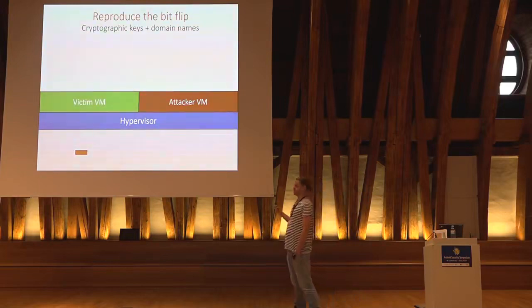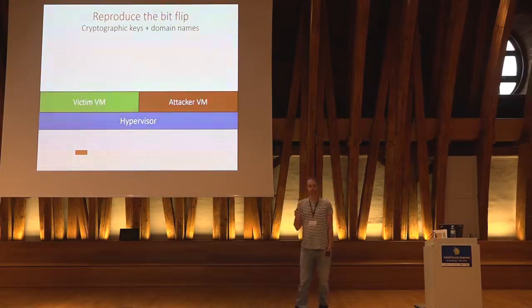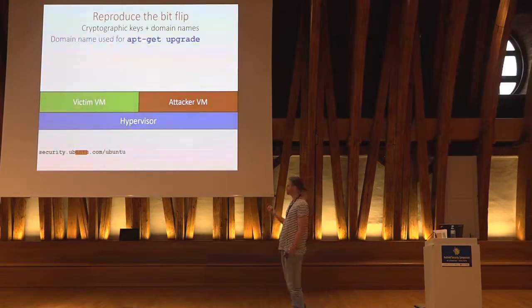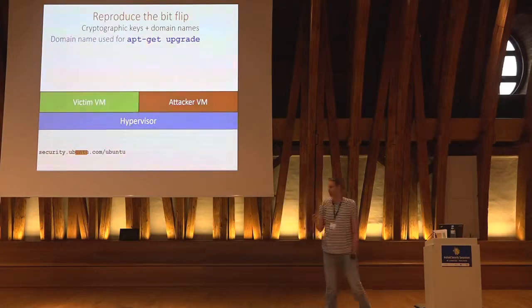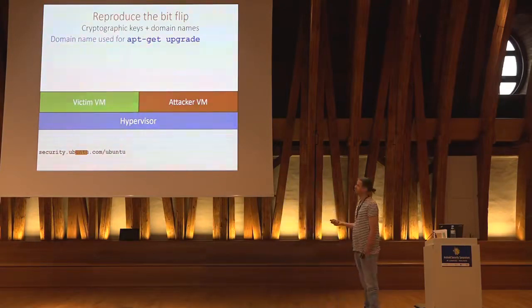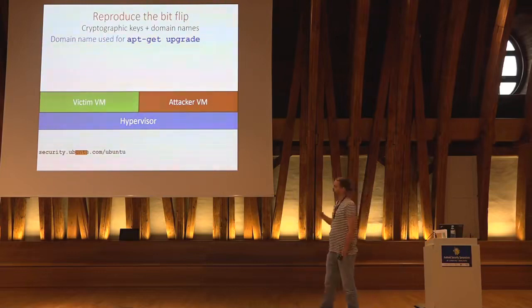We have another attack where we not only flip bits in cryptographic keys, but also in domain names. So let's look at what happens here. What happens if the victim does an apt-get upgrade on an Ubuntu machine? It will query this website, security.ubuntu.com, for example, and ask, hey, server, do you have updates that I should install?